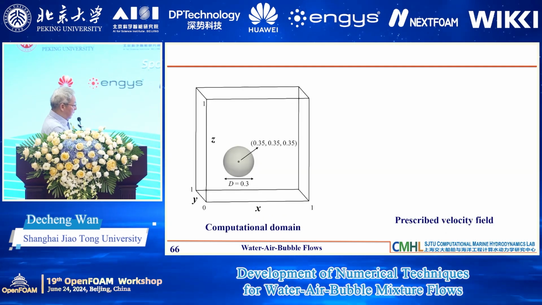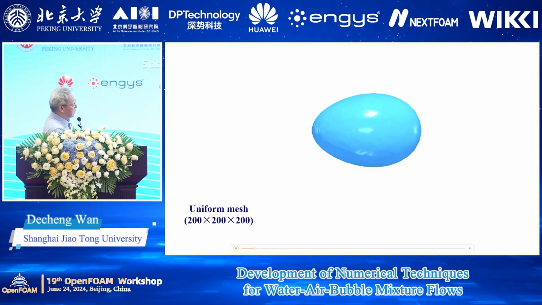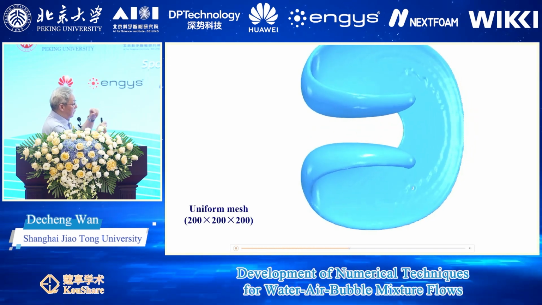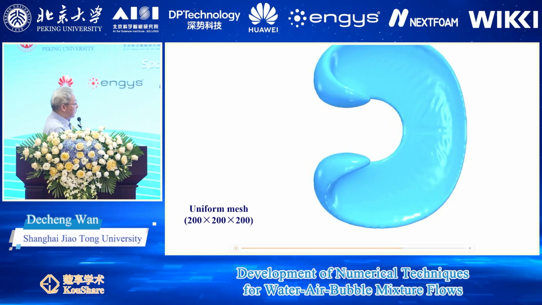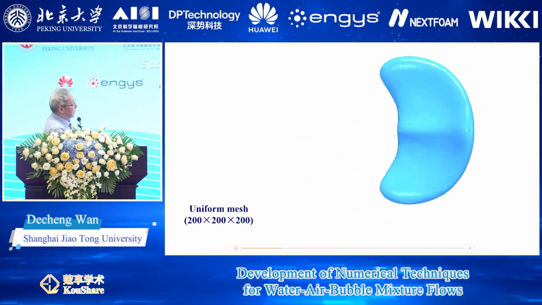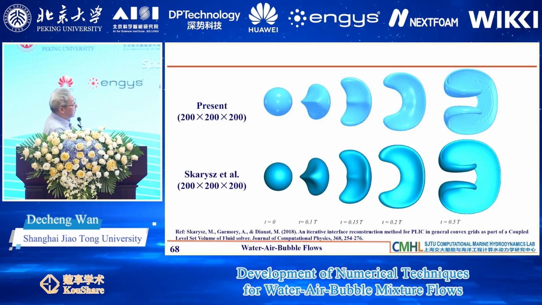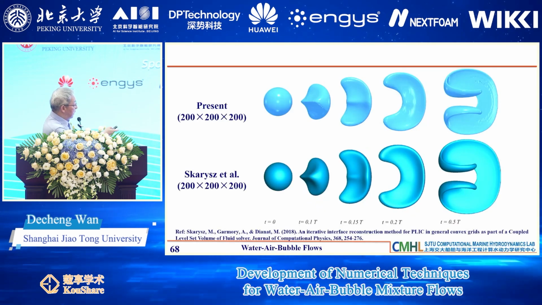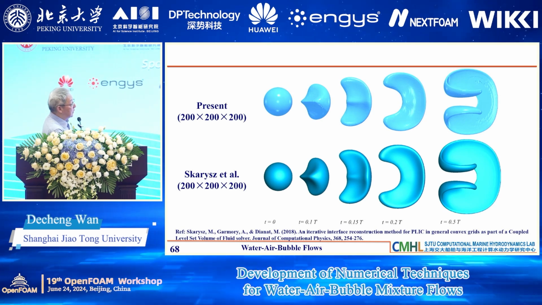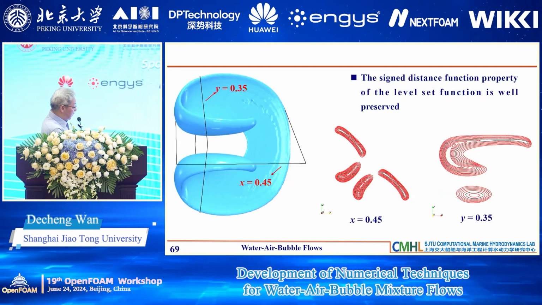So I show you another example, the 3D condition. As you can see, one bubble is deformed, and then it can come back again. You see, we can compare our calculation to another simulation. So you can see that we can give the result.